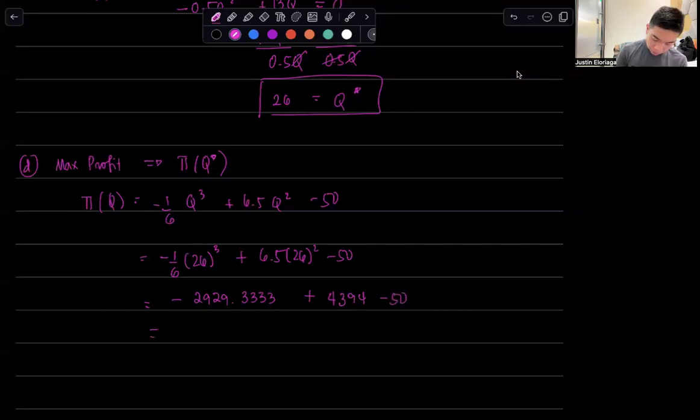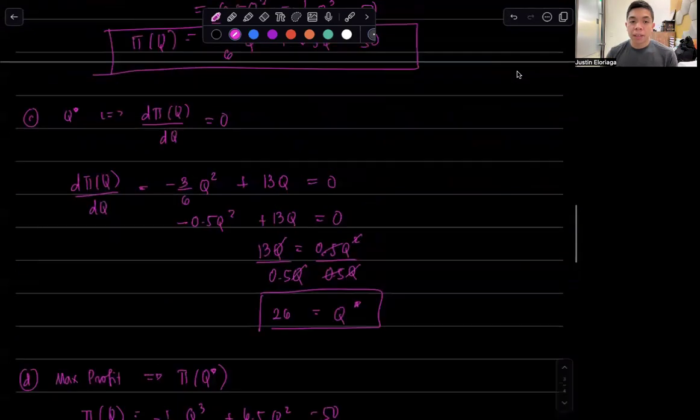Simplifying, 4,394 minus 2,929.3333 is 1,464.6667, minus an additional 50, and I get my final answer of 1,414.6667. That is the maximum profit.